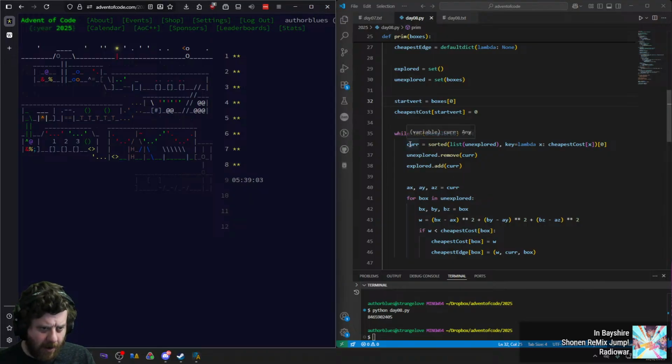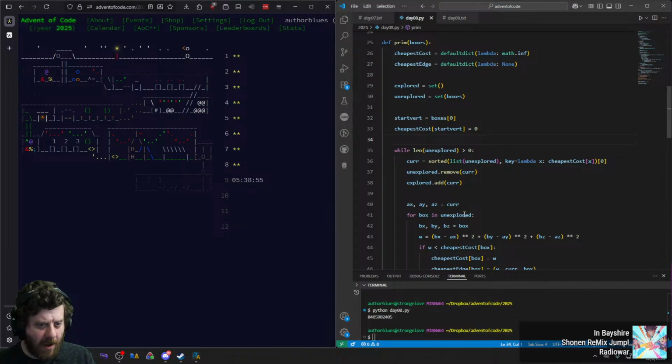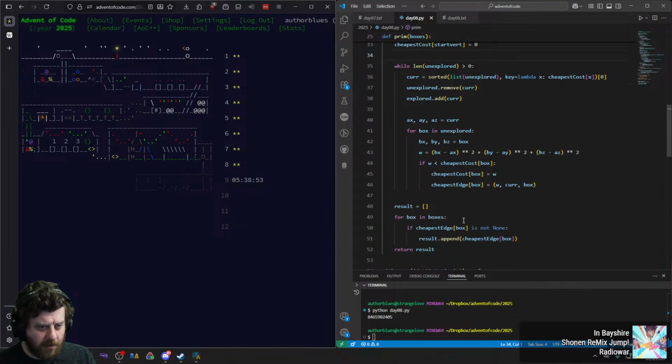This makes sense, though. I understand how this algorithm works. I understand the basics of Prim's algorithm, but seeing it in progress, seeing how it actually stacks up is interesting. I get it.